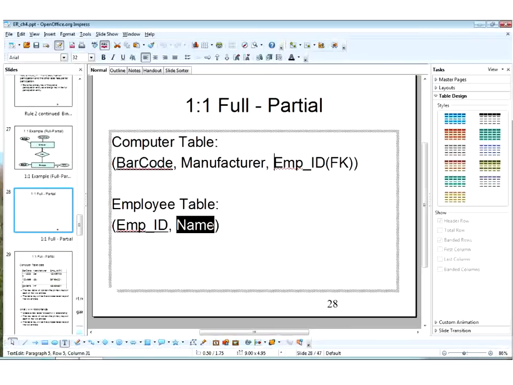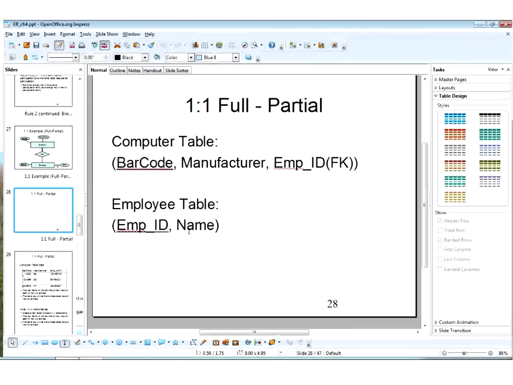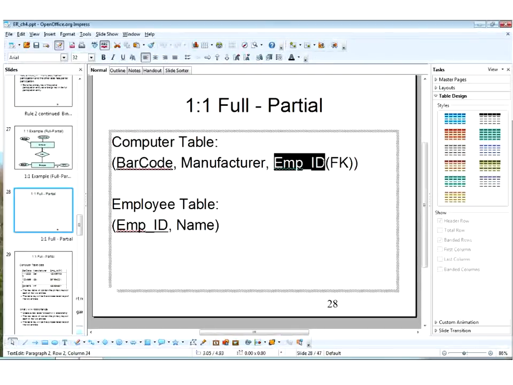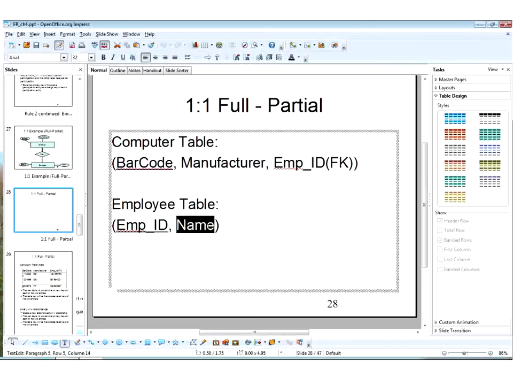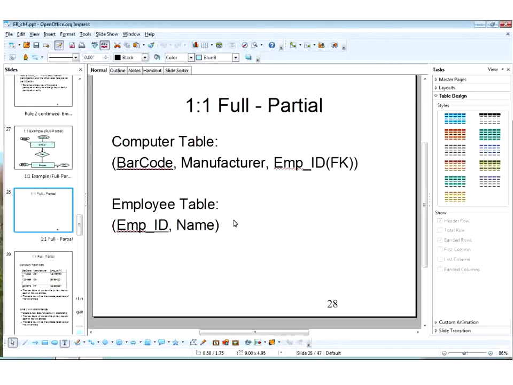That way I don't have to update the name. I don't have all these insert, update, delete anomalies because I'm logically storing information in here because I can always use this to jump to this table to retrieve the employee information, but I don't have the excess repeating groups there. So it maintains normalization.